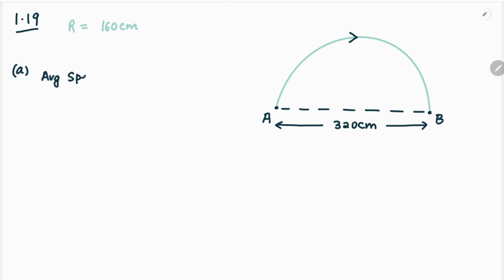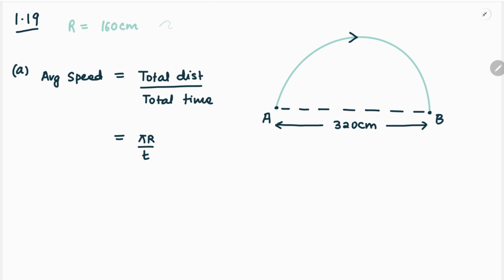So the average speed is going to be total distance traveled divided by total time taken, and hence we can write it as pi r by t.